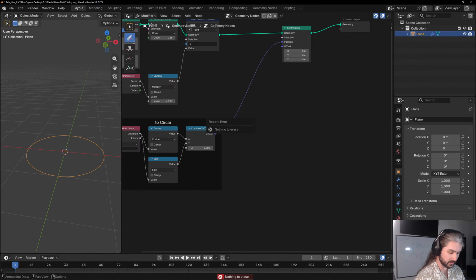So in Cartesian coordinates, I don't want to erase, I want to annotate. In Cartesian coordinates, we have x, y, and z coordinates, right? In polar coordinates, we have an angle and we have a radius. And that's how we're able to draw this circle, right?